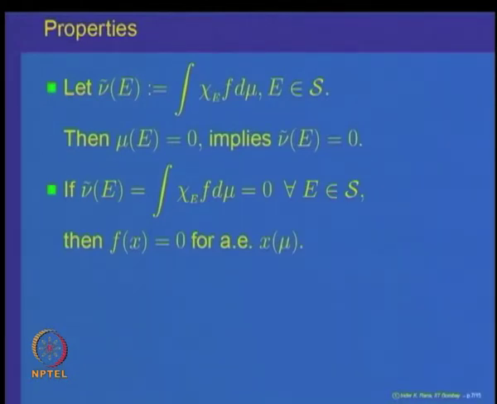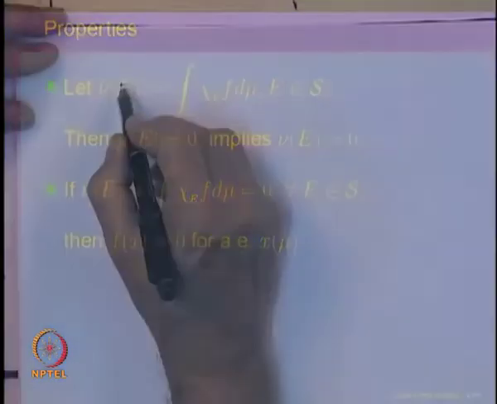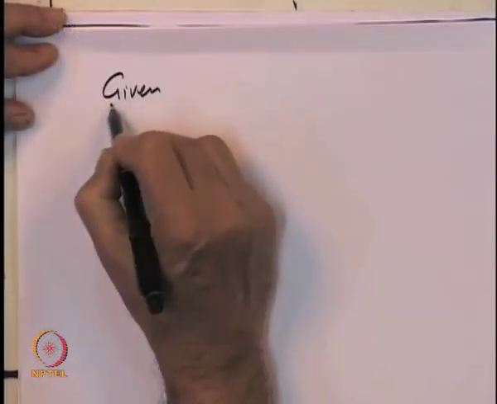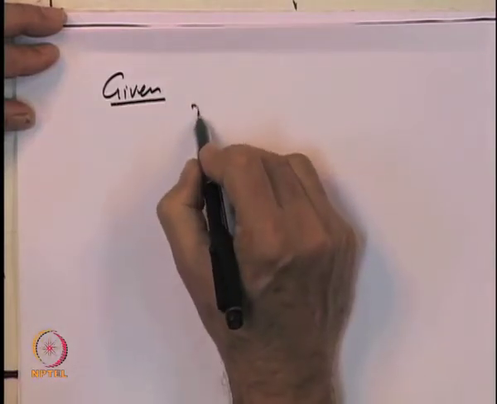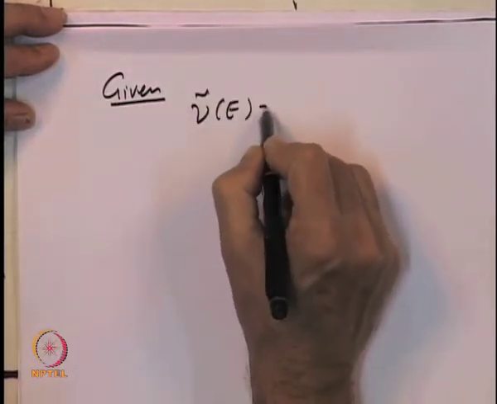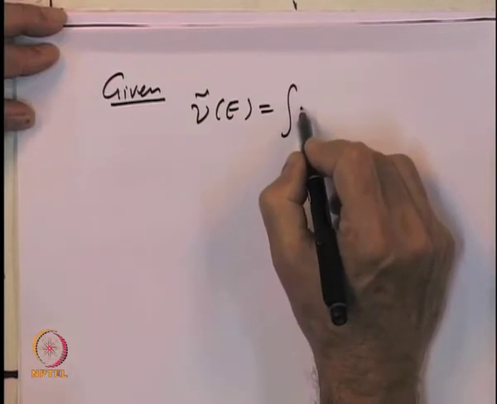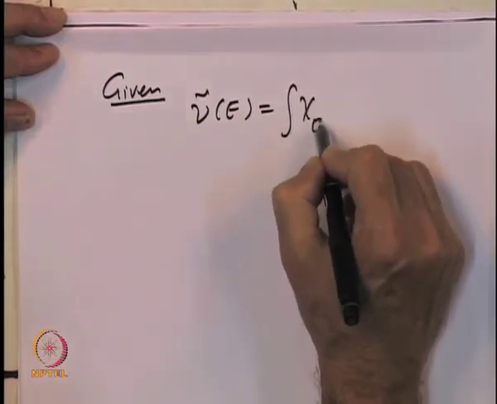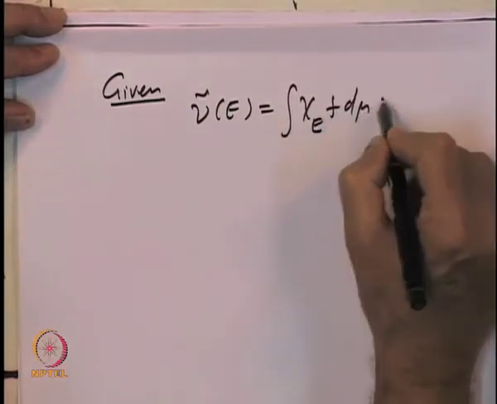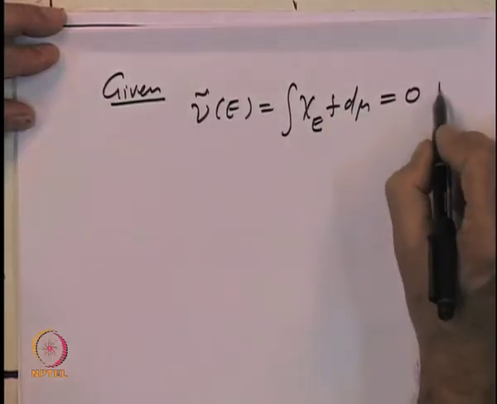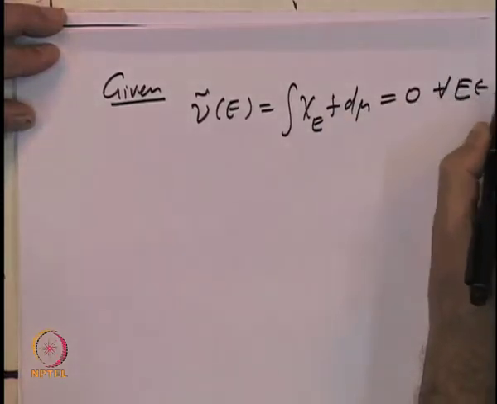So, let us prove this property. Given nu tilde of E, which is nothing but the integral of chi E times f d mu, is equal to 0 for every E belonging to S.